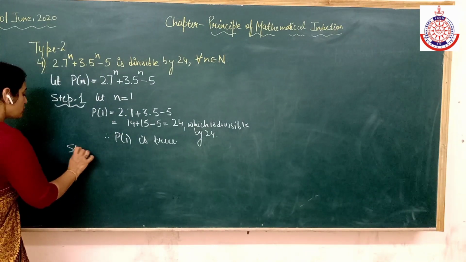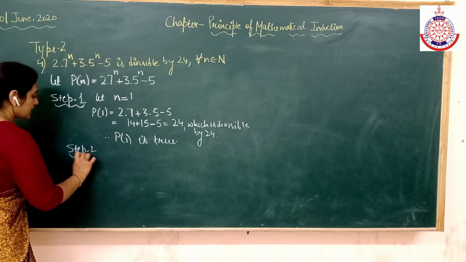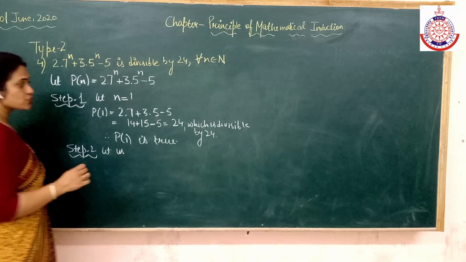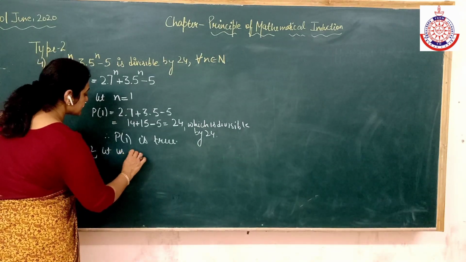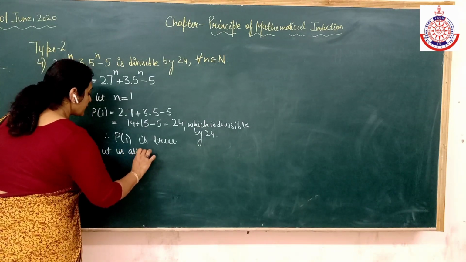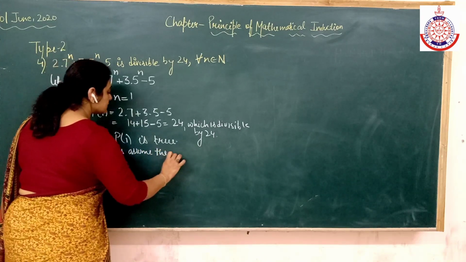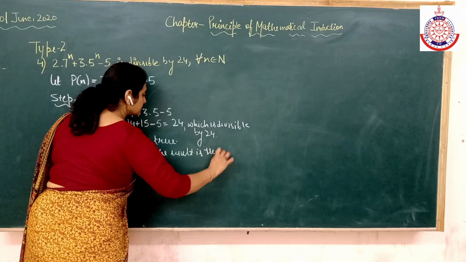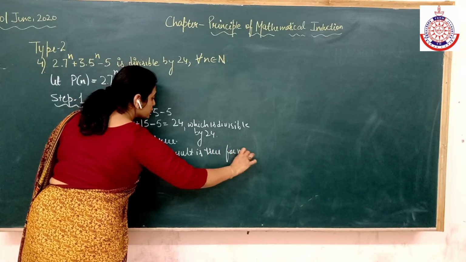What is step 2 now? The step 2 is we assume the result is true for n equal to k. Let us assume the result is true for n equal to k.